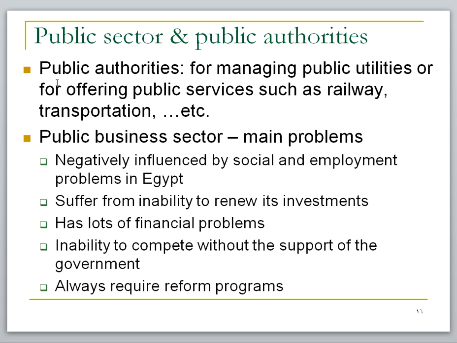For example, the public authorities, like the Egyptian National Railways, the public transport lines of East Delta and West Delta, the electricity distribution companies, or the water authorities, but these are being turned into companies nowadays. So they differ from the public business sector, the public business sector companies. The public authorities usually deal with utilities, they manage public utilities that actually make money. So they need to have some profit center and economic management for such things.